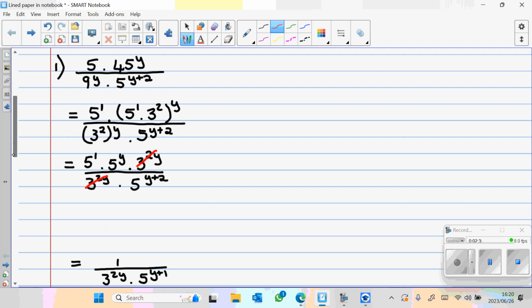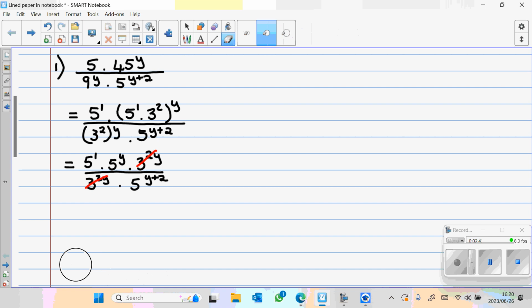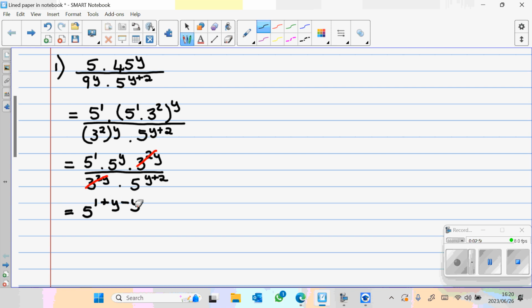So we are going to continue, and say, okay, this gives me 5 to the power of 1 plus y minus y minus 2.